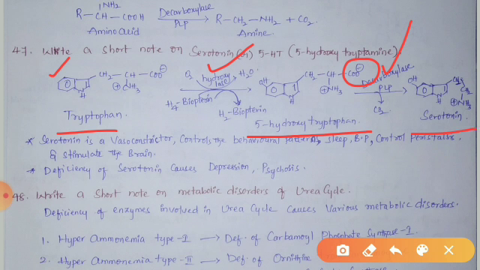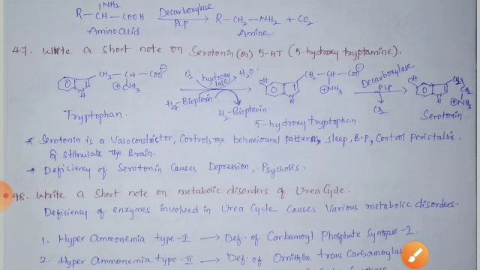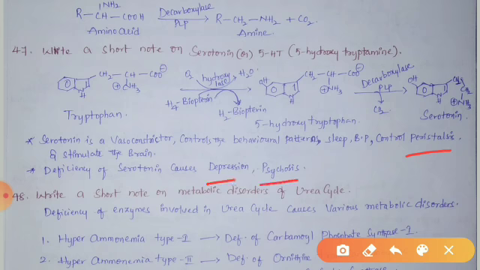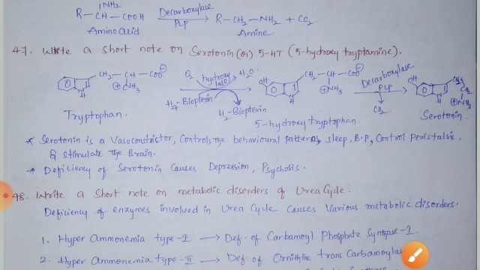Serotonin is a vasoconstrictor and controls behavioral patterns such as sleep and blood pressure, controls peristalsis and stimulates the brain. Deficiency of serotonin may cause depression and psychosis. For happiness, serotonin has to be in sufficient quantity in our brain. If the concentration of serotonin decreases, the person may feel depression.